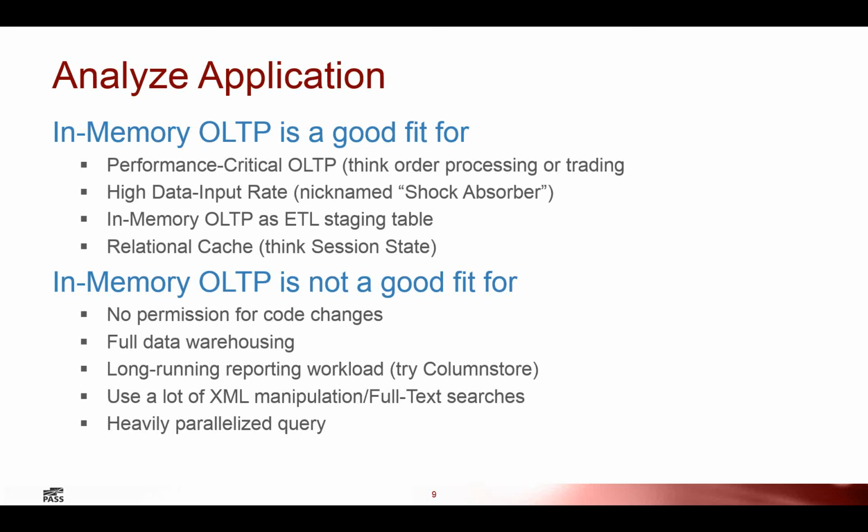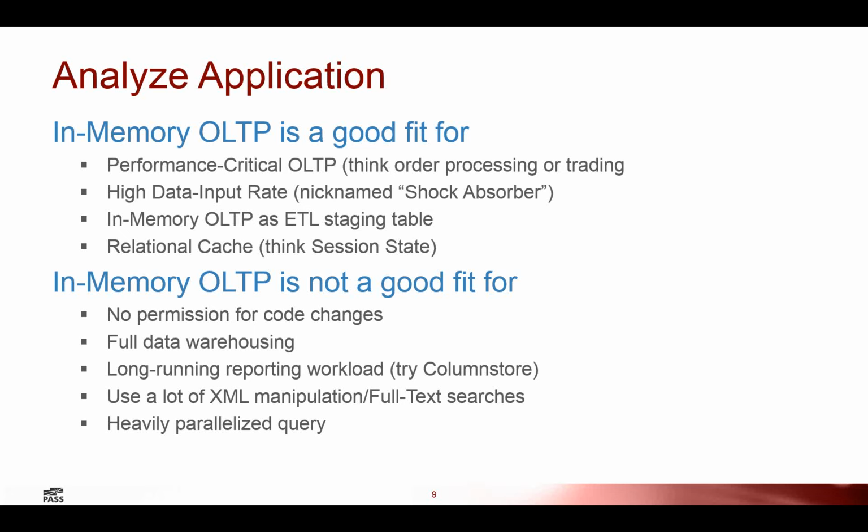And the last thing, one of the other scenarios that we see people use, and in fact some of our customers already put that in production, is relational cache. So they leverage the non-durable table that in-memory OLTP offers and use these tables as a high-performance cache that doesn't really care about durability.